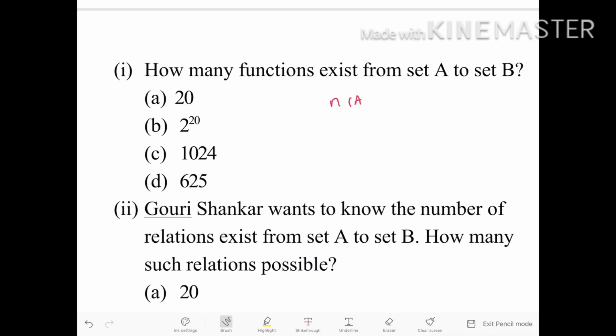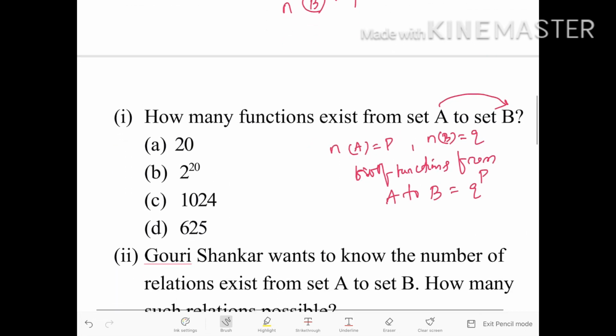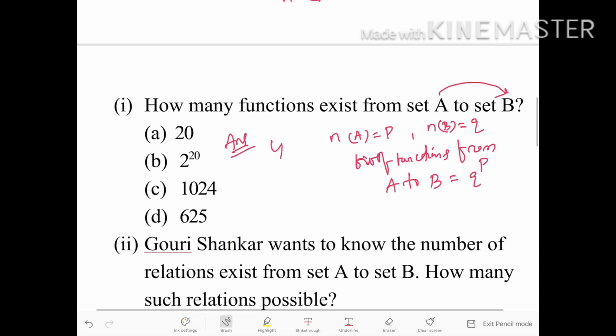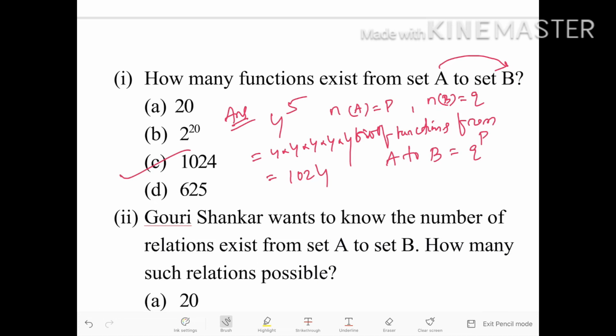As we all know, if a set contains P elements and another set contains Q elements, the number of functions from A to B is equal to Q to the power P. So here A contains 5 elements and B contains 4 elements, so our answer will be 4 to the power 5, means 4 into 4 into 4 into 4 into 4, which will be 1024. That means C will be the correct option.